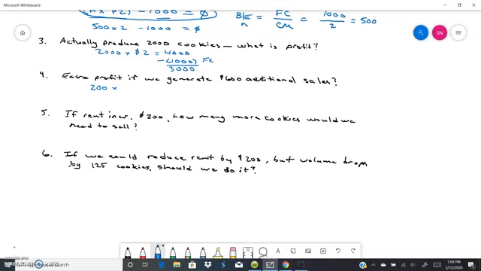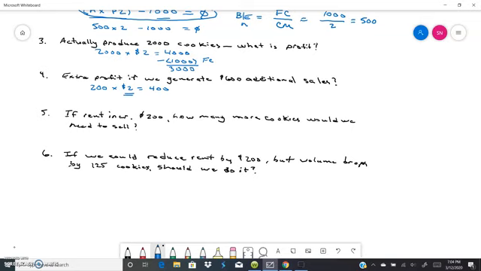And again, every time we sell a cookie, we make $2. That would be an extra $400 of profit. And again, the rent doesn't change regardless of the volume. So incremental profit is contribution margin. Contribution margin is the amount of money we make on each additional cookie we sell.